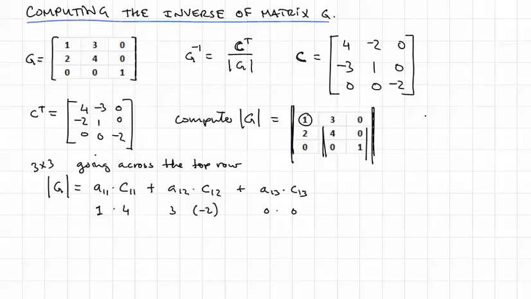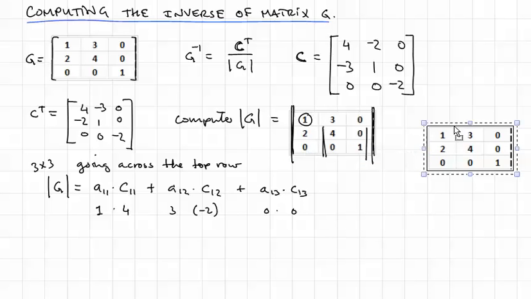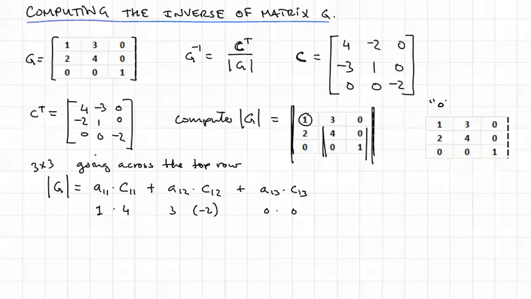The odd entries are these right here, wherever i plus j is odd. That's where we'll have sign changes.